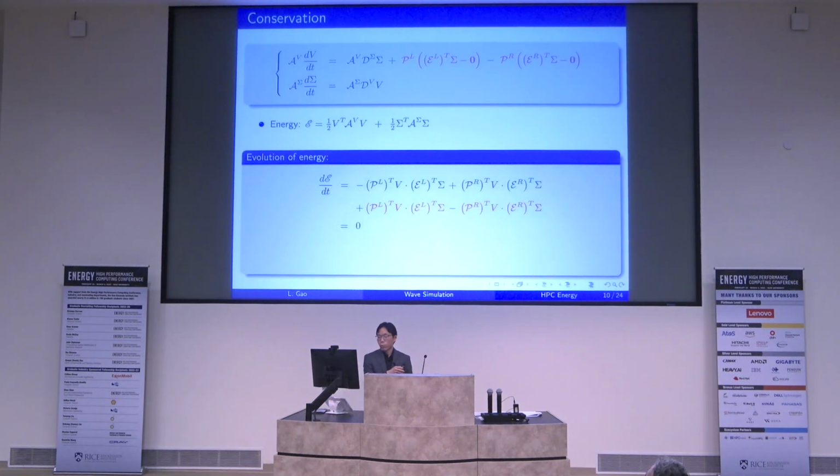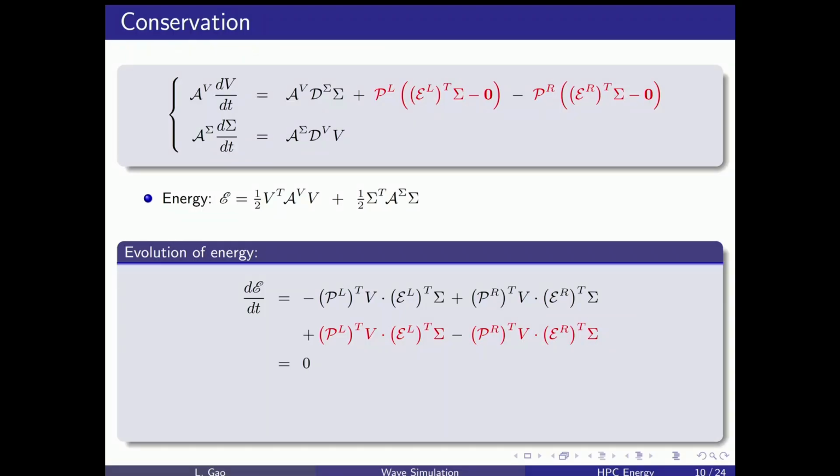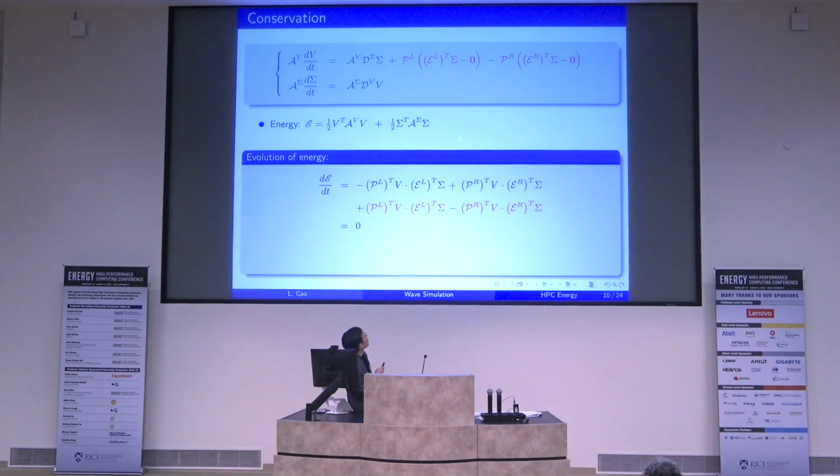Okay, that was just one part of the story. We managed to make the discrete energy mimic the continuous energy, but we haven't talked about energy conservation yet, and we haven't talked about imposing the boundary condition yet. This is the second part of the method, which is that you impose the boundary condition through a penalty term, and you need to carefully design the penalty term so that when you do the energy analysis, the actual term introduced by this penalty term would exactly cancel out those that are left over previously.